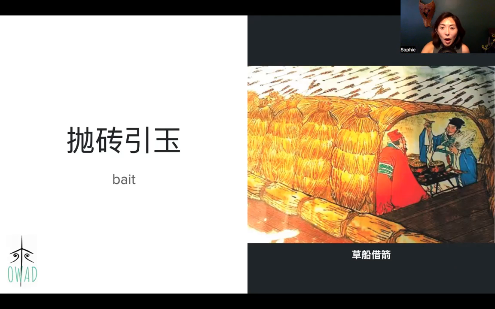So in this 草船借箭, this straw-covered boat structure, and they're even having a drinking party inside, were used, I mean, supposedly, who knows if it happened, as the fake target, as this brick throwing. So they drive this boat close to the enemy on the disguise of a misty, foggy day.